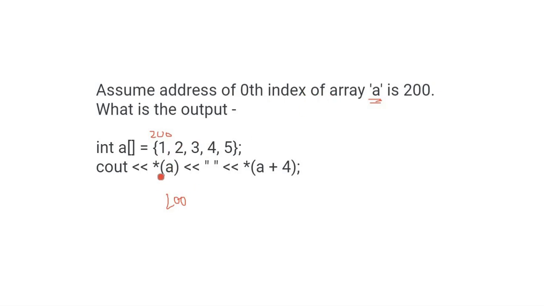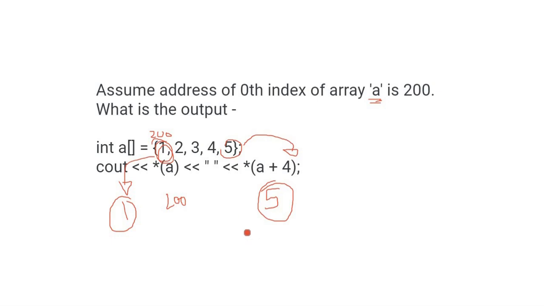On dereferencing this, we get the 0th index value of the array, that means we get the value 1. And on doing a plus 4, we count 1, 2, 3, 4, and get this one, hence 5 would be printed.